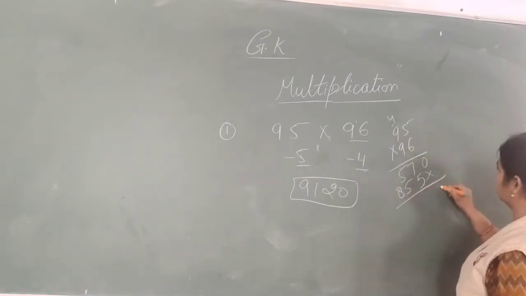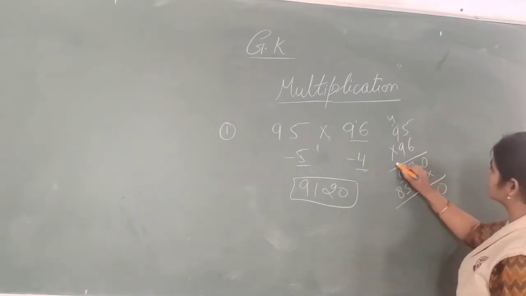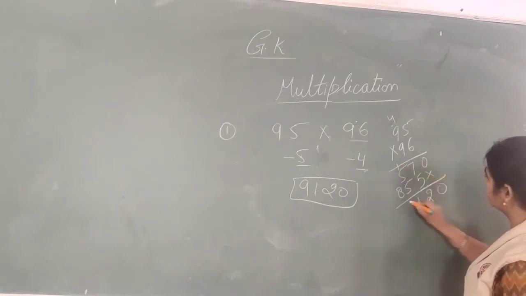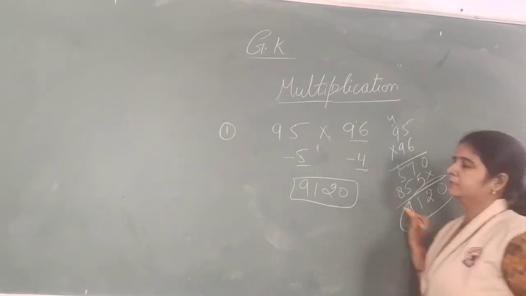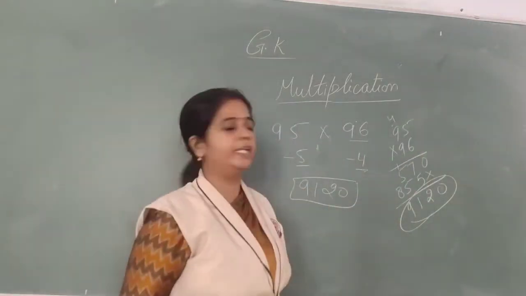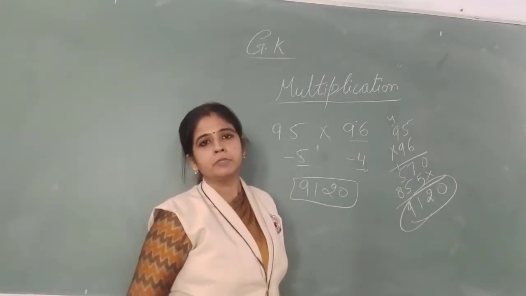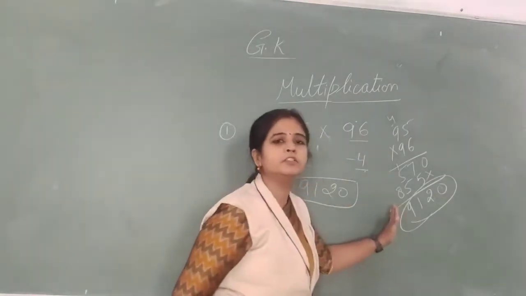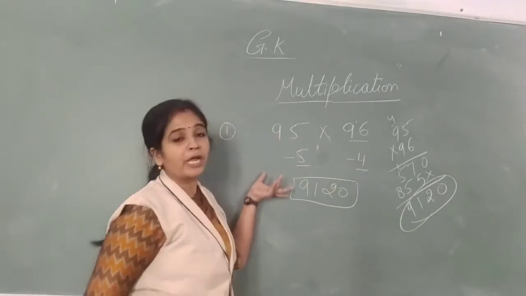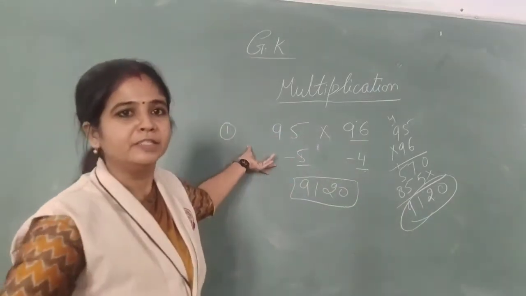So answer will be 0, 5 plus 7, 12, 2, 1 carry, 5 5 10 and 1 1. Same answer is there. And tell which is the time consuming method. Of course this one is the time consuming method and you have to practice for this method.